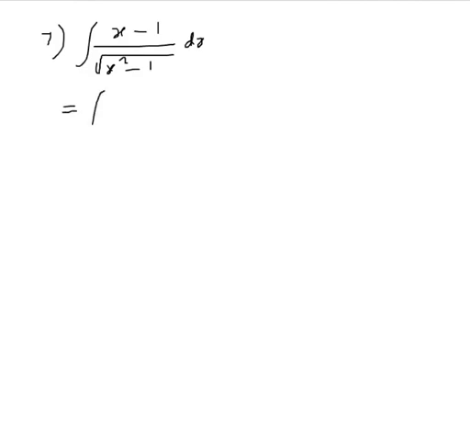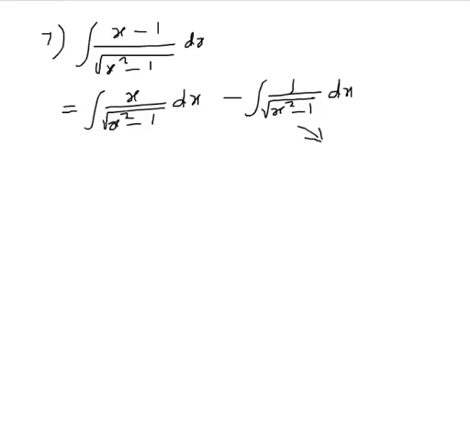So we will separate the terms as x divided by root of x square minus 1 dx and minus 1 divided by root of x square minus 1 dx. Here directly we can use the formula. Here we need substitution. Let us substitute x square as t, or x square minus 1 as t, or we may take root of x square minus 1 as t. Square both sides to remove the root sign. Differentiate both sides.